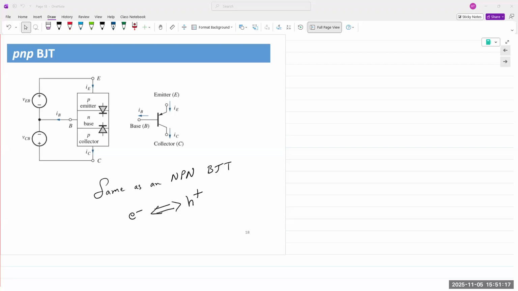You all remember electron and hole mobility. Not the values, but just the concept. Electron mobility is about 3 times as much as hole mobility. I don't know if I brought that point up when we were doing p-n junction diodes, but what do you think of the performance of an NPN transistor versus a PNP transistor?